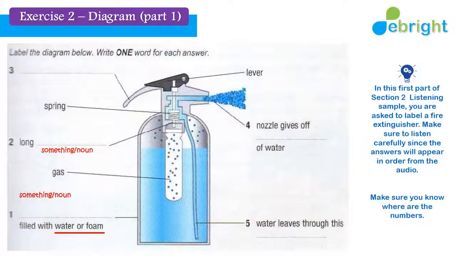Let's move to number 2. You've got the keyword long. So of course we need something, or a noun. You should also find the synonym of the word long over here. Long what? Long blank. So it's between the spring and the cartridge.